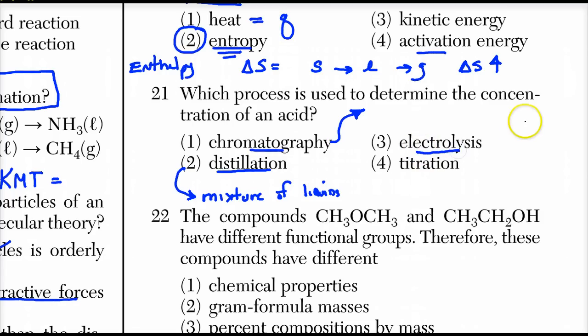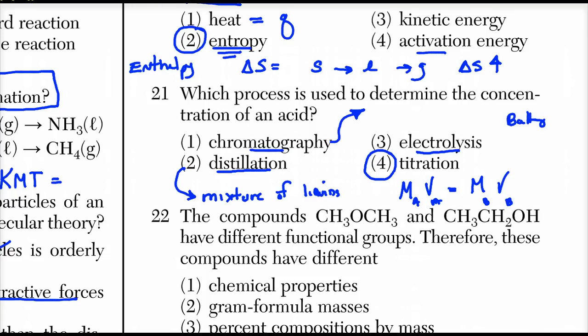Electrolysis is what we did in redox, where we used a battery and we separated and made the pure forms of a salt by adding energy to a non-spontaneous process. Number 4 is the titration, sometimes called the titration formula, where we used MV of the acid equals MV of the base. Sometimes people use MA, MB, molarity and volume of the base.